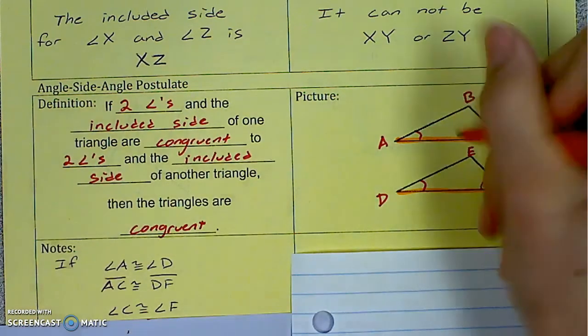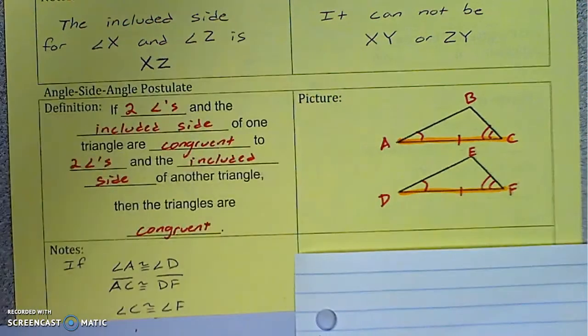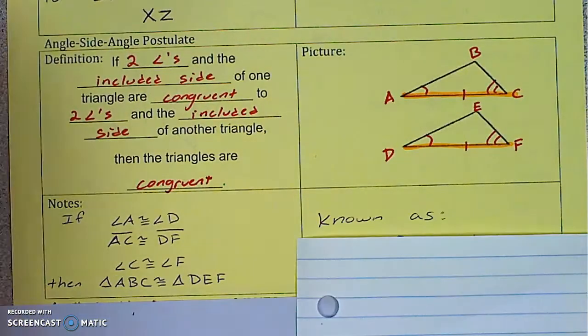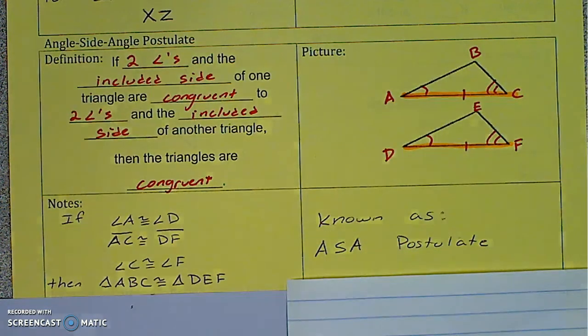We mark it congruent. So if those 3 pieces are true, then triangle ABC is congruent to triangle DEF. That is known as the angle side angle postulate.